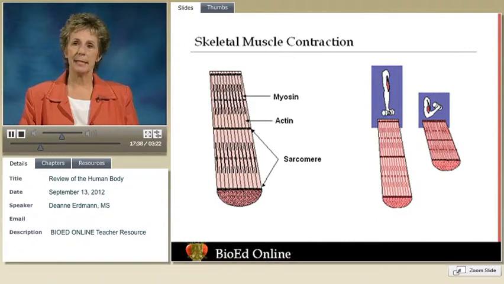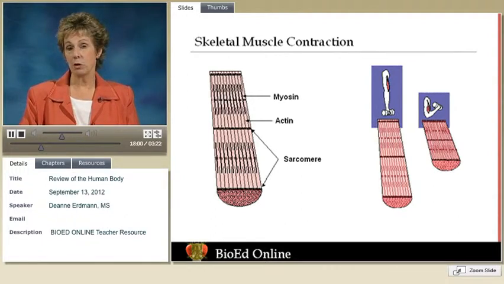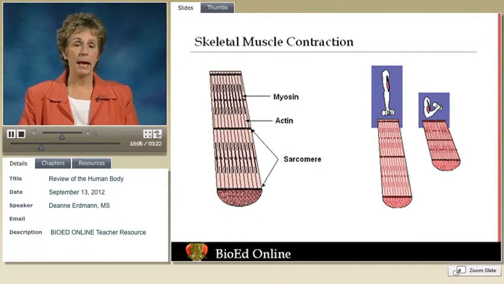During contraction, the myosin fibers form little heads or cross bridges that are able to bind with the actin and pull together, shortening the whole functional unit, which is called the sarcomere. So the functional unit within this muscle fiber is a sarcomere, and how much stimulation you have to the muscle will depend on how many sarcomeres are contracting and how much actual shortening you get.